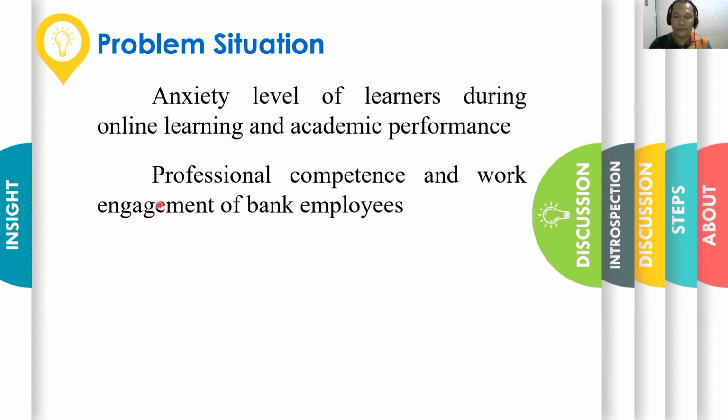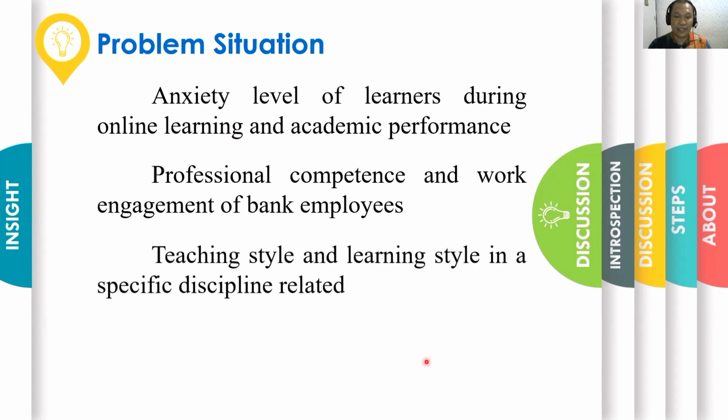Another thing, professional competence and work engagement of bank employees. Professional competence and work engagement. Are these two variables related with each other? Now, are the teaching style and the learning style in a specific discipline related?